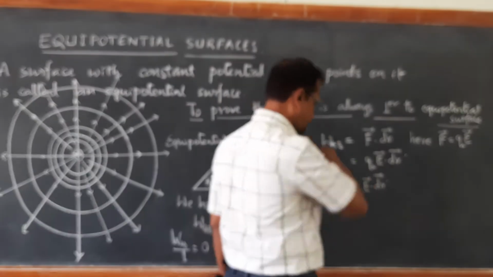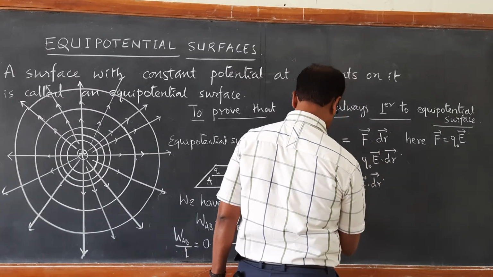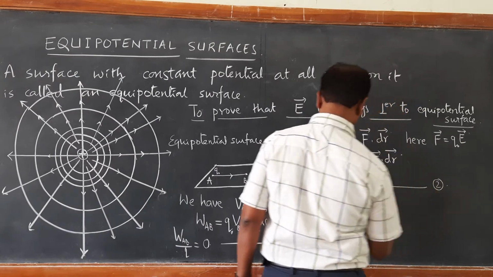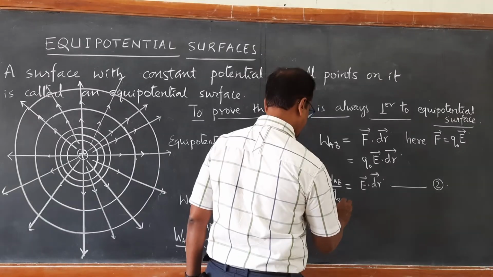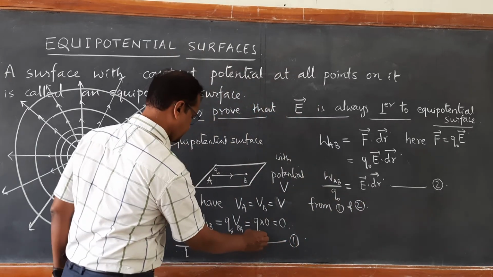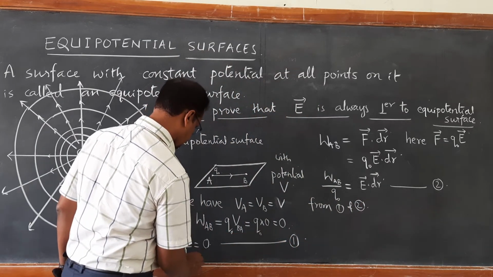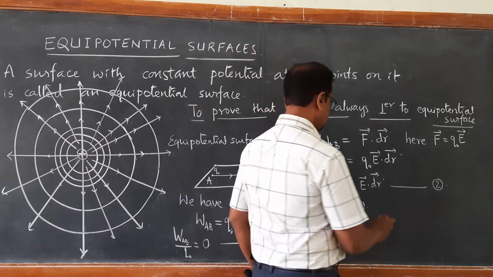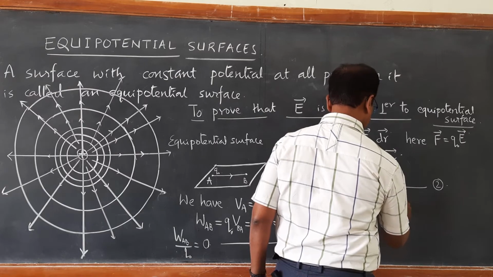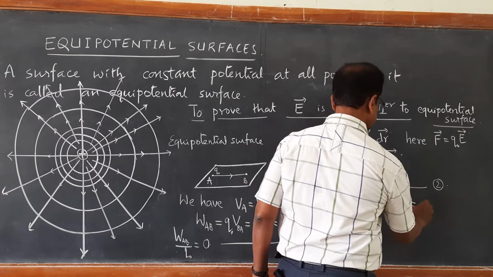Therefore, call this equation 2. From 1 and 2, we conclude E dot dr is equal to 0.